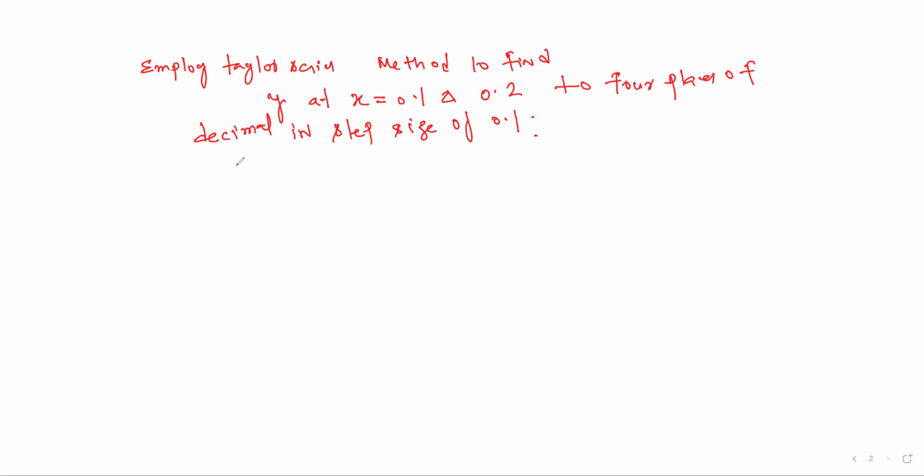For the given differential equation, dy by dx minus 2y is equal to e to the power x, whose solution passes through the origin.